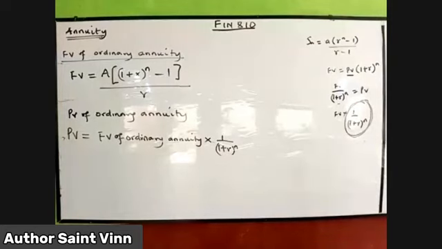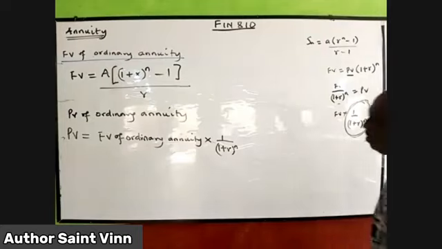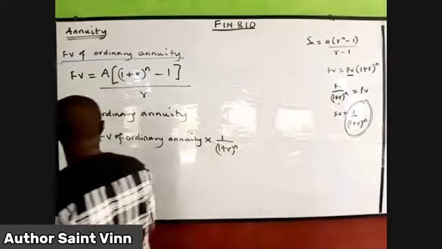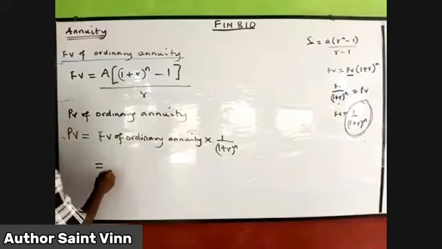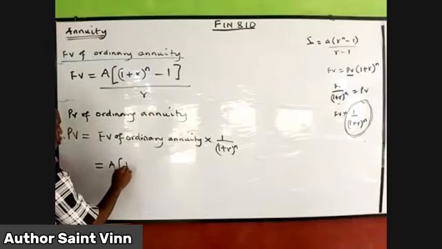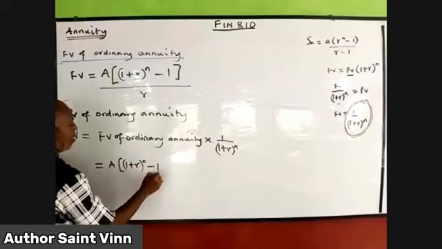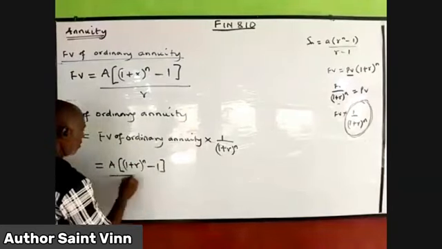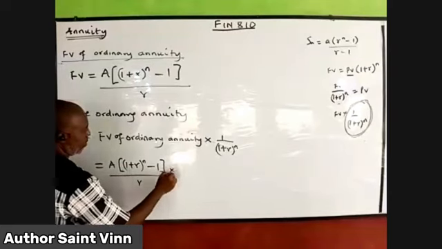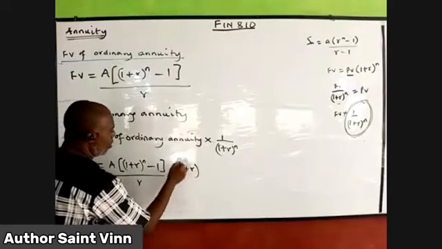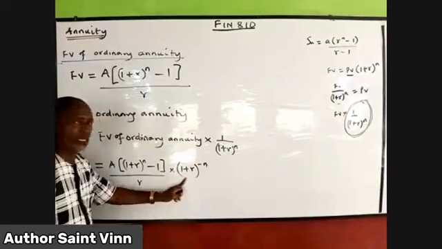If you are not in the class, make sure you watch the recording so that you know more and understand. So without wasting much of our time, look at this one: A into 1 plus R. This is where we apply simple laws of indices. This is 1 plus R all raised to power. You agree with this?